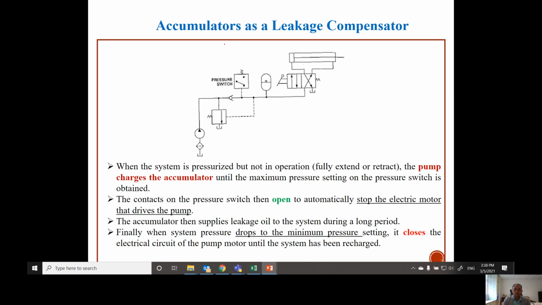The next one is accumulator as a leakage compensator. So now we have the same accumulator we connect just before the 4 two-way DCV. But now we have this pressure switch. Okay. So when the system is pressurized, means the pump is on, but the cylinder is not in operation, means it's either in fully extend or fully retract.